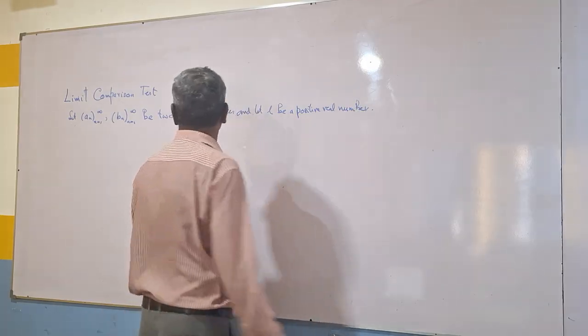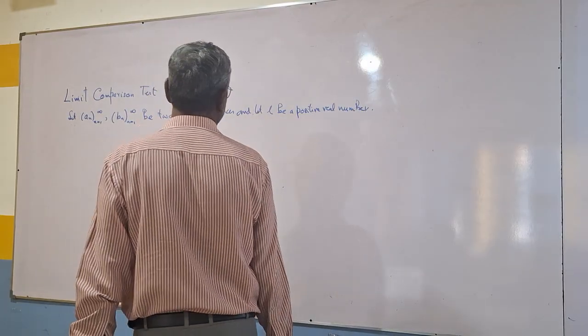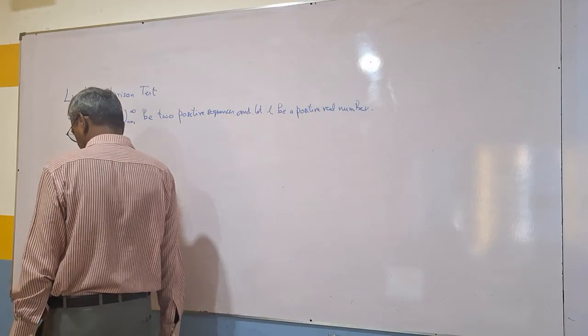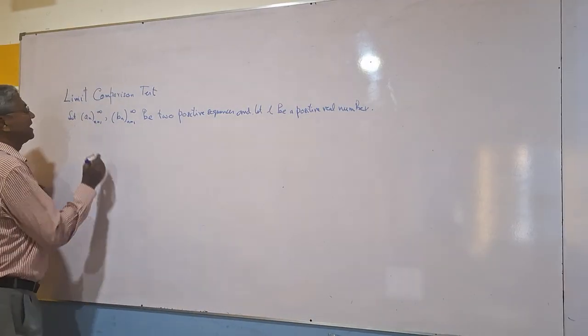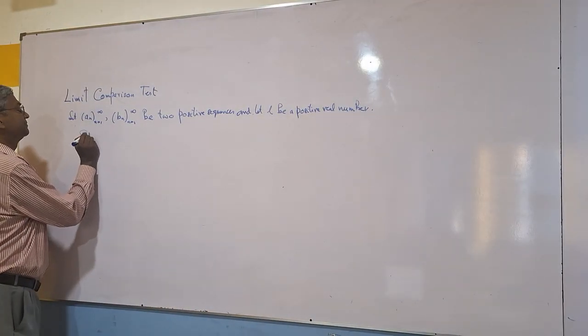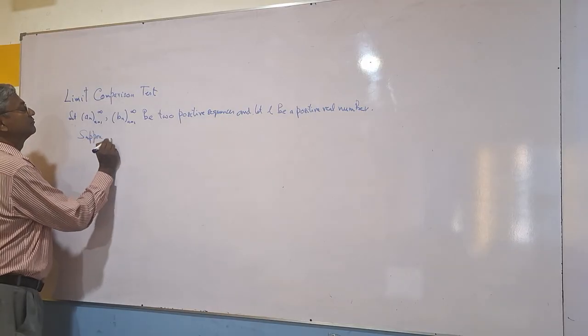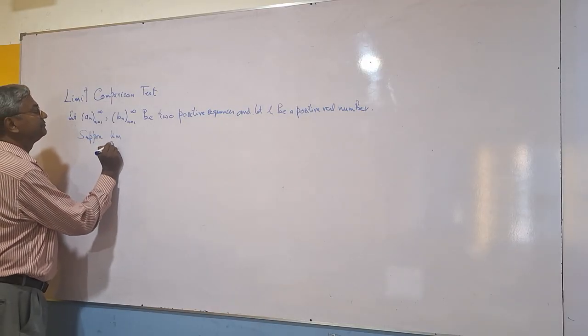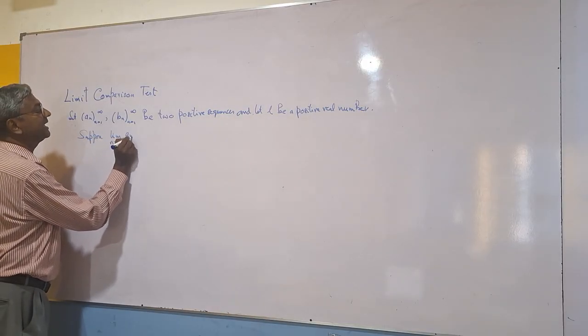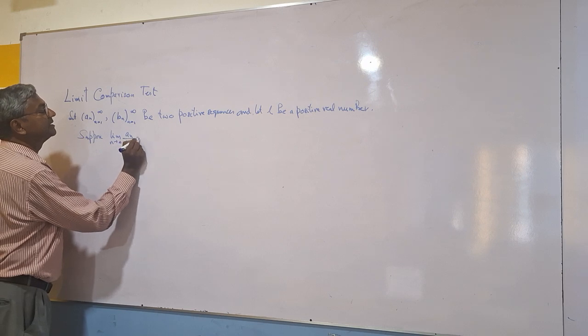You have two positive sequences and a real number. Suppose the limit as n tends to infinity of a_n by b_n is equal to L.